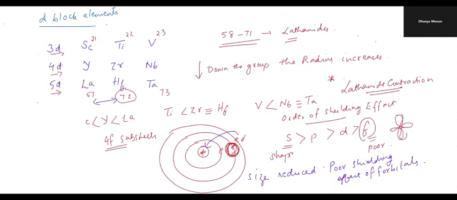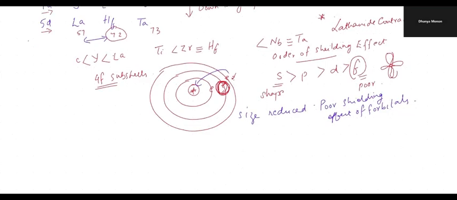This is because of lanthanide contraction. Why does this lanthanide contraction happen? Because of the poor shielding effect of the F orbitals, the outer electrons are attracted towards the nucleus more. So what's happening to the size? The size will reduce. So this is an important part of the lesson.